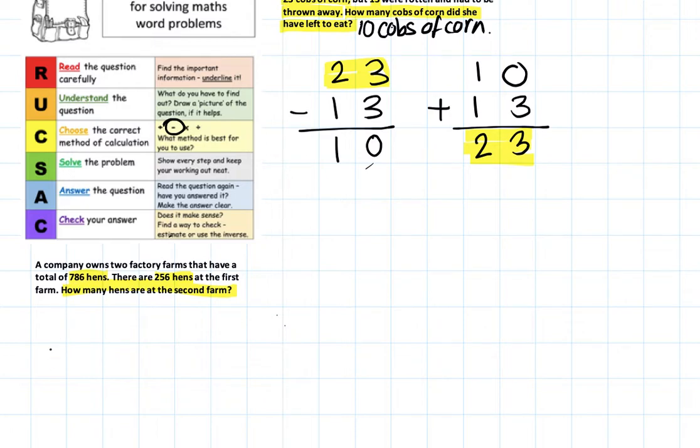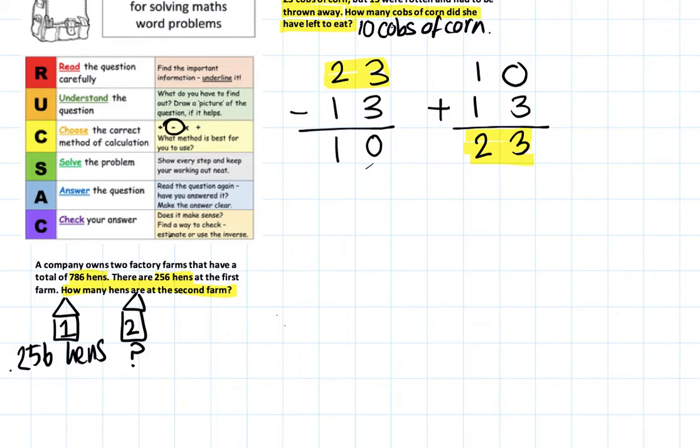So I have my first farm. There's my farm number 1. And farm number 2. Okay, and at my first farm, how many do I have? 256 hens. How many at the second farm? We don't know yet.